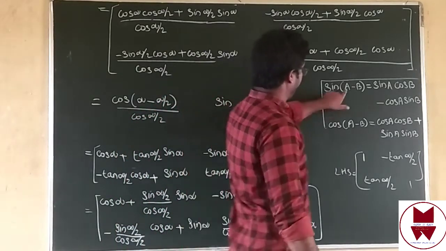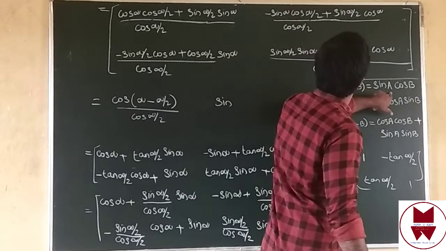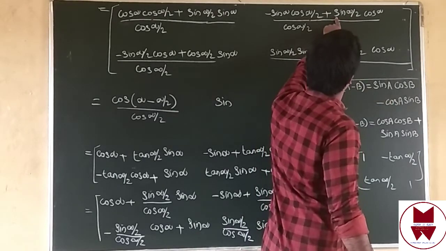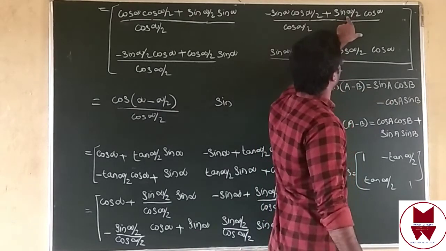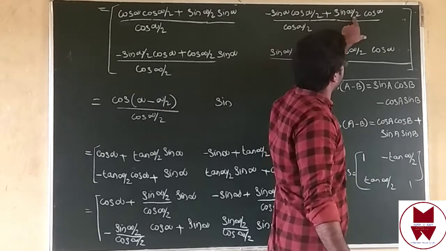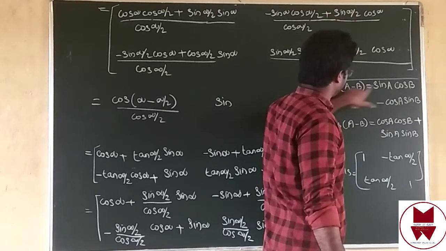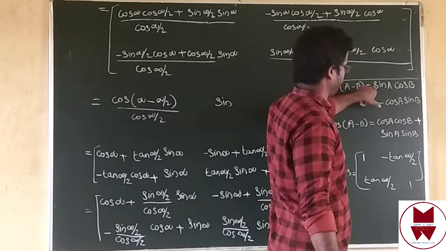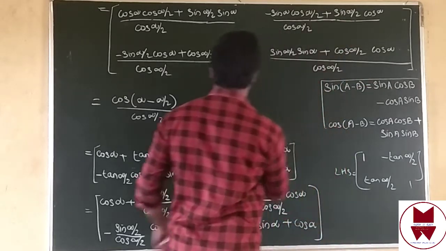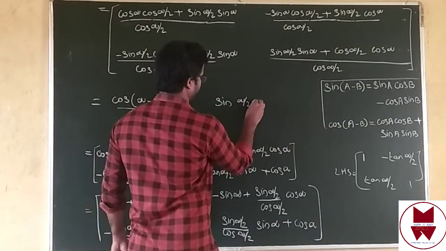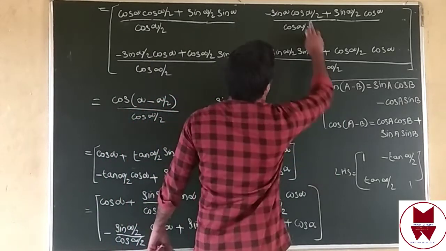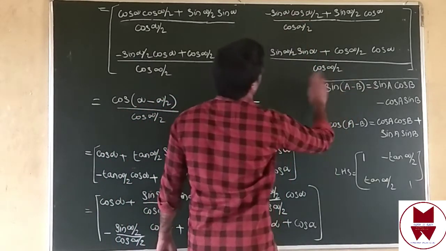Look in here, A minus B, sin A. Sin A means in here first positive term, that is sin alpha by 2. This term will be for A, A means alpha by 2. Look, A, in here also A, that is positive only, isn't it? A means alpha by 2, minus, B means what?